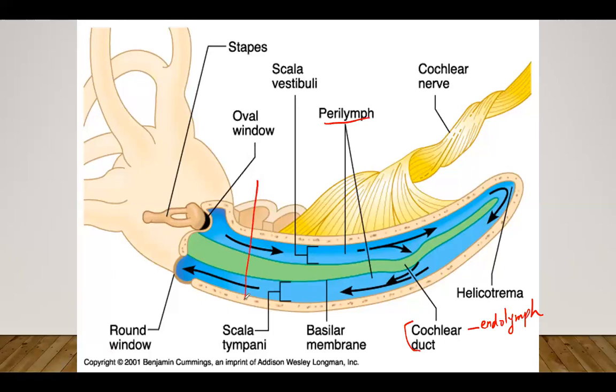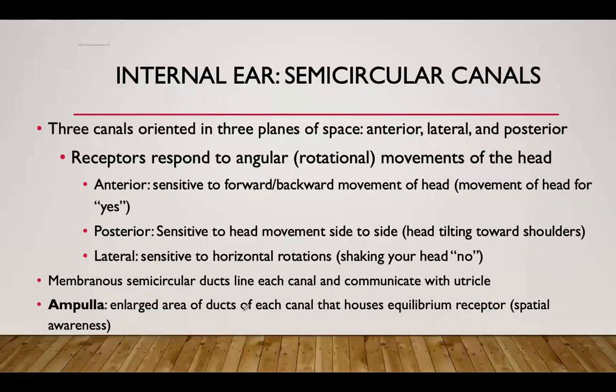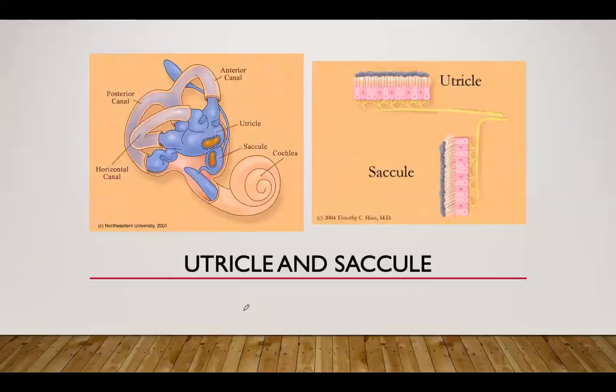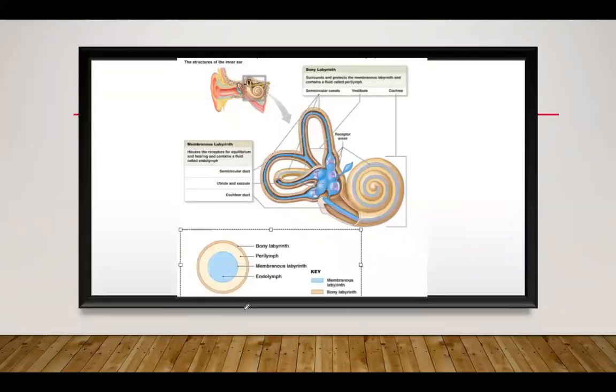If I do a cross section of this cochlea, this is the image you should see. And I'm just going to go back to show you what I talk about. So again, bony labyrinth surrounded by perilymph, the cochlear duct, and at the center within the cochlear duct, you have your endolymph.